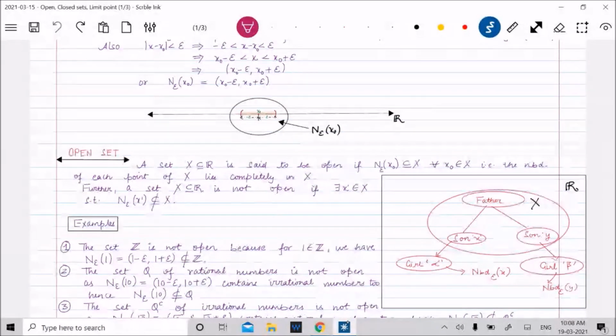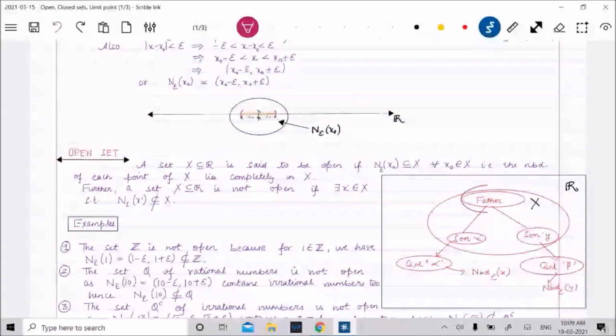And if this happens for son y also, who possesses this girl beta in his neighborhood, and this neighborhood of son y is accepted by this family, then this set X will be called an open set, at least for the son Y. And the same should be true for the father.